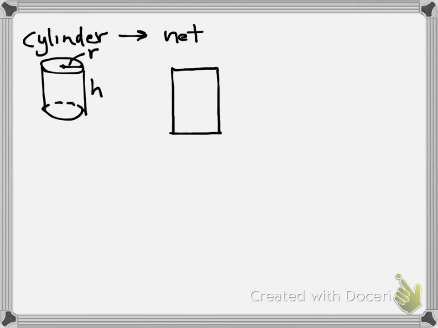And we have a rectangle. Okay? So we still have a radius, and we still have a height.